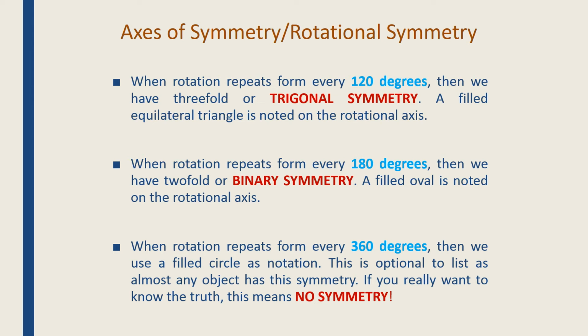When rotation repeats every 360 degrees, it means it repeats itself one time. Some people call it a single symmetry, but if you really want to know the truth, this means no symmetry.